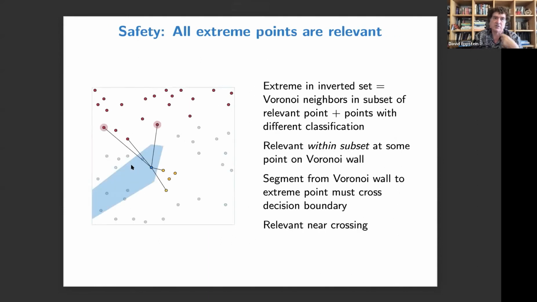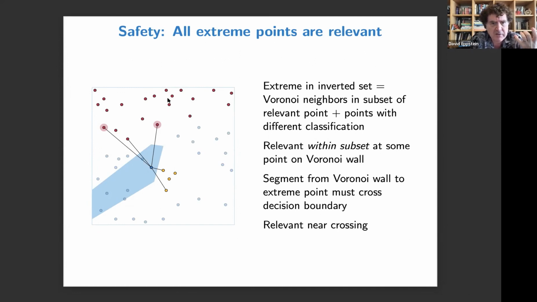It's a little trickier to argue why the extreme points that we find in the other step are relevant. Really what I'm doing when I'm finding extreme points in inverted sets is I'm finding the Voronoi neighbors. This blue point is the point that I'm inverting around in this picture.